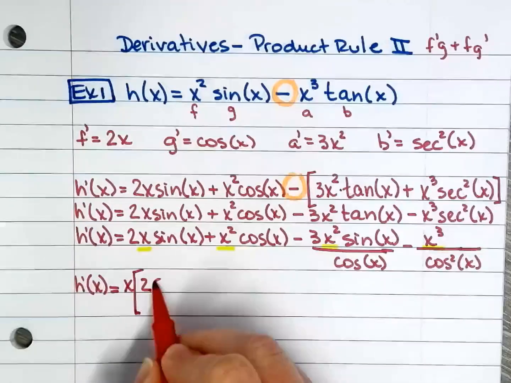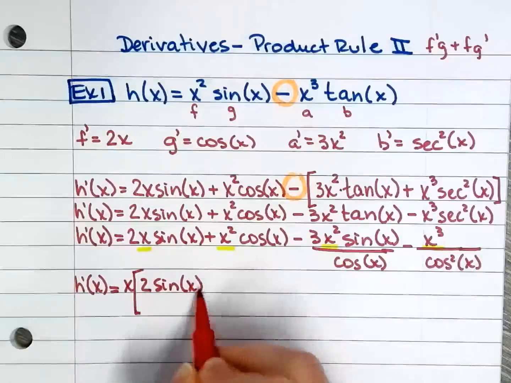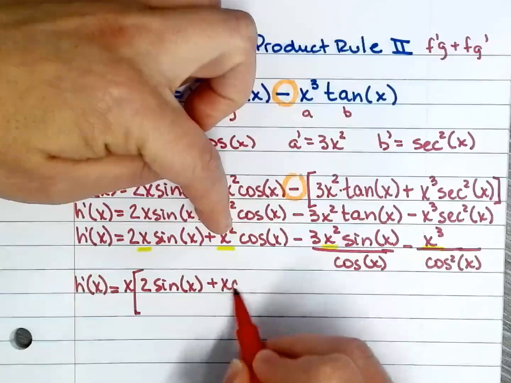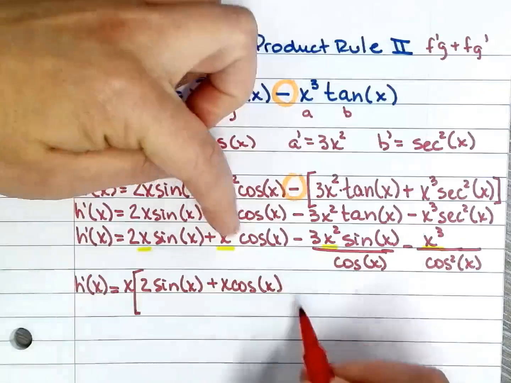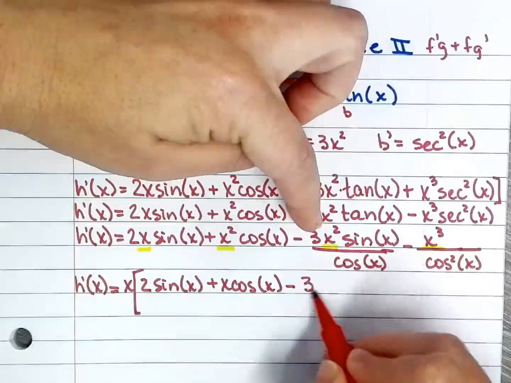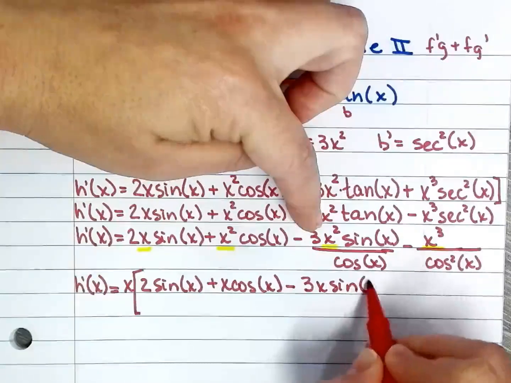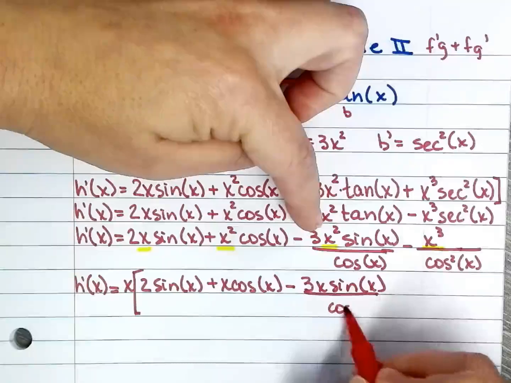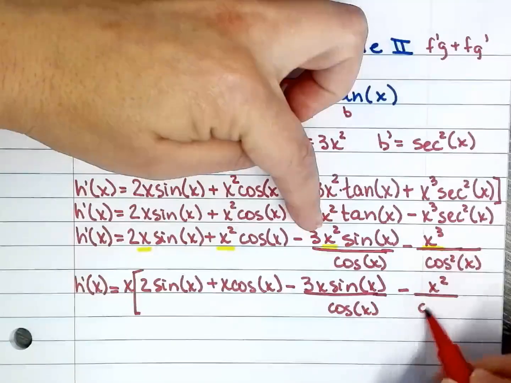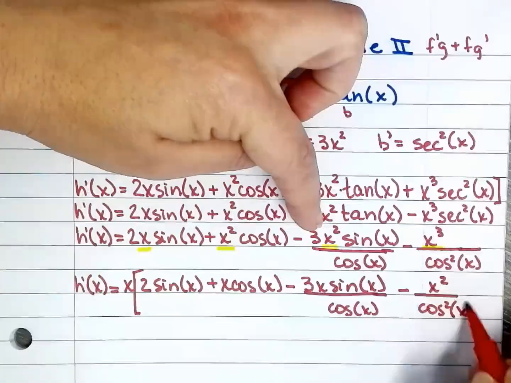So I have 2 sine of x left over from this guy. I will have x cosine of x from this guy minus 3x sine of x over cosine of x minus x squared over cosine squared of x.